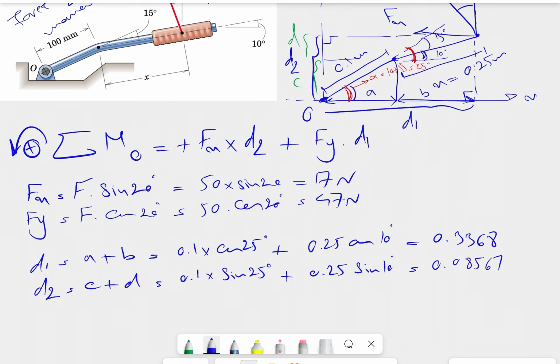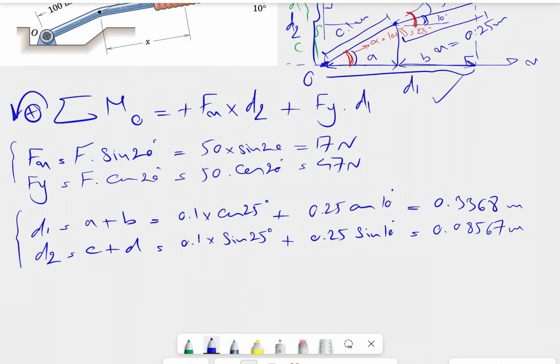Now we have everything ready in our equation. We have Fx, Fy, and we have D1 and D2. And all we need to do is just plug in each of these amounts in the moment equation and we'll find the moment. So let's put everything in our equation. So we'll have Fx times D2.